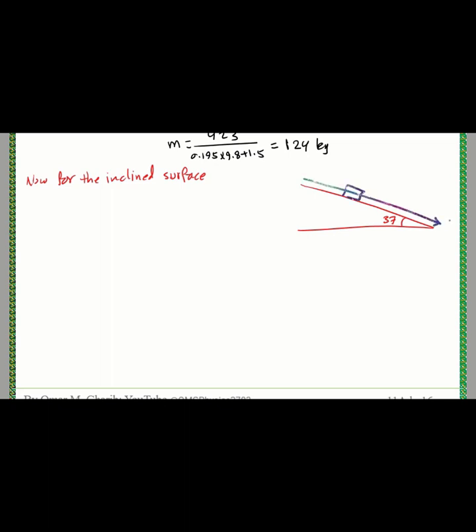X-axis and y-axis. Here is the gravity. This angle is 37. This component is Fgx and this one is Fgy. Against Fgy we have the normal force.